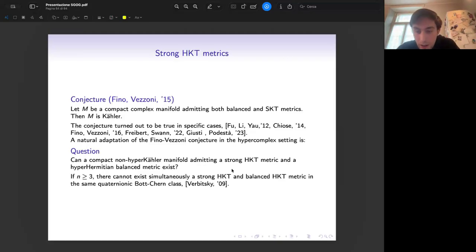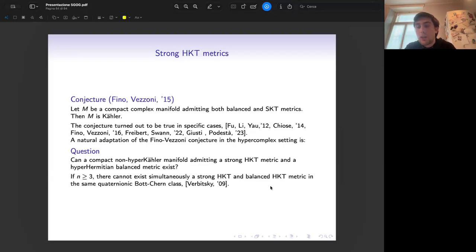So let me emphasize that the balanced metric is required to be HKT, and that's forcing some important information on the manifold itself.